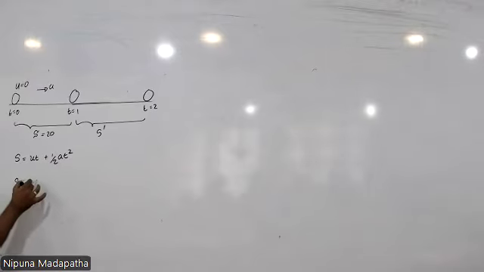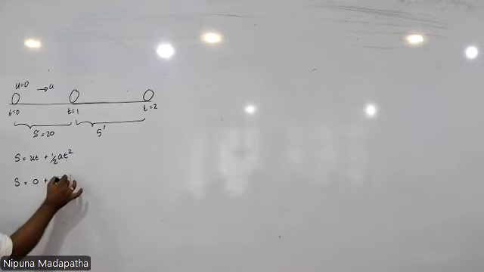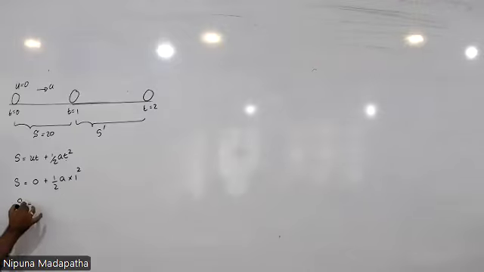Distance is s, initial velocity is 0, acceleration is a, time is 1 second. So s equals a over 2, so acceleration is 2 times s.